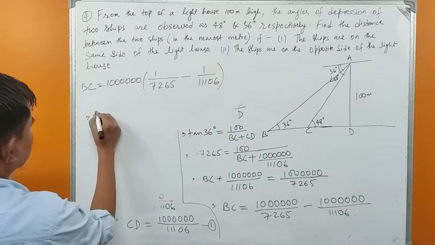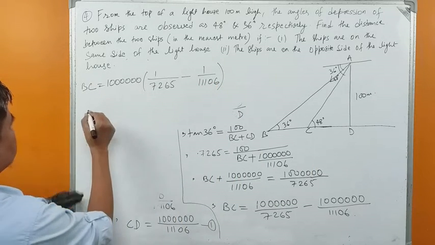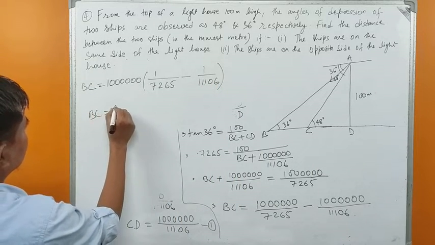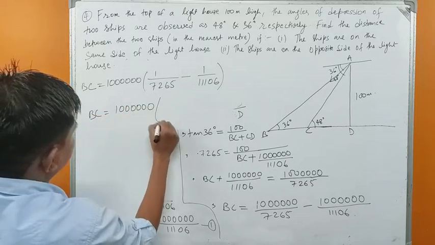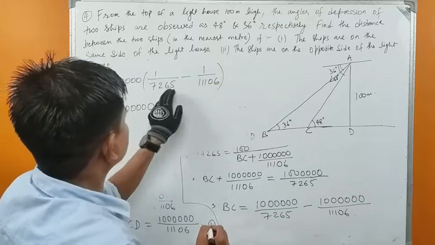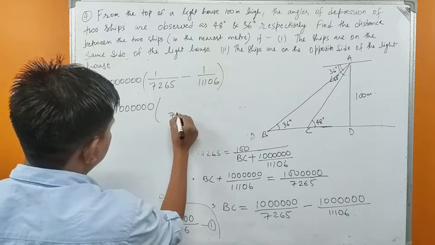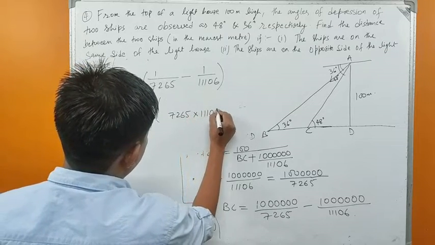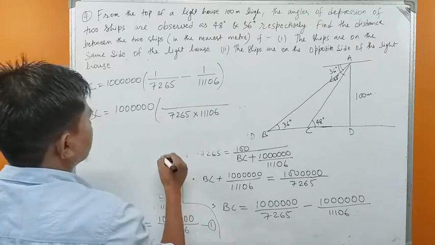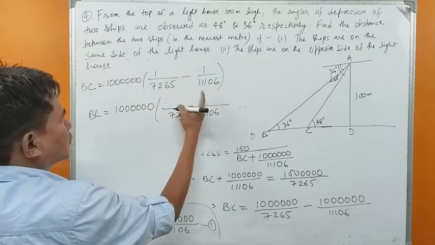So our BC equals 123456. The LCM of these two numbers is 7265 into 11106 whole upon this number multiplied with 1, isn't it?